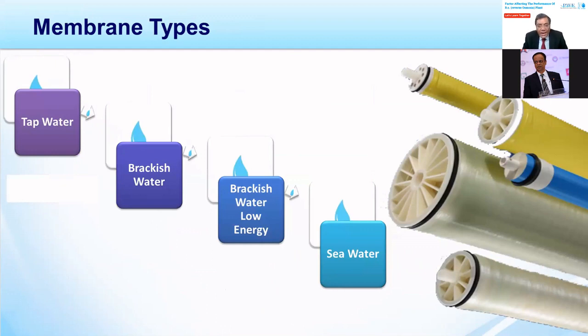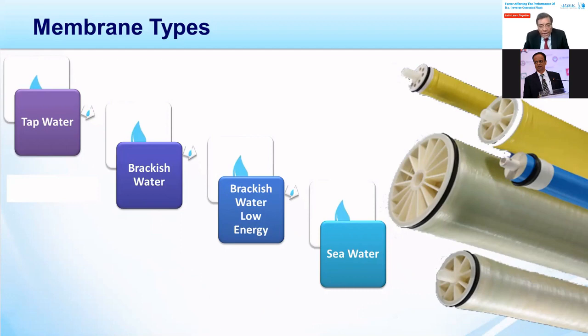Membranes are categorized mainly into three categories, because a lot of companies are doing research and developing the most efficient membranes for newer applications, to reduce the operating cost and for energy conservation.